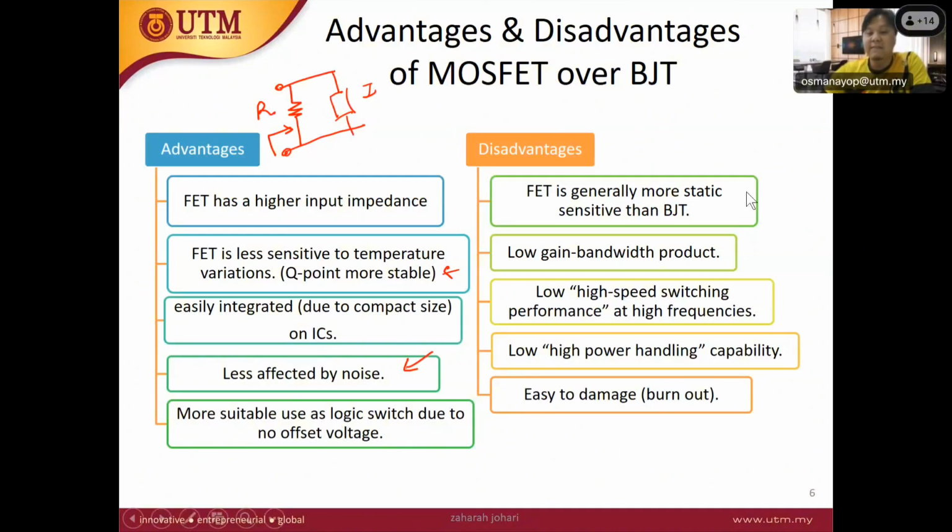For example, more sensitivity to static charge compared to BJT, and low gain bandwidth product. That means compared to BJT, MOSFET has a narrower bandwidth. Bandwidth is basically the operating frequency that the device can cover for a certain gain.